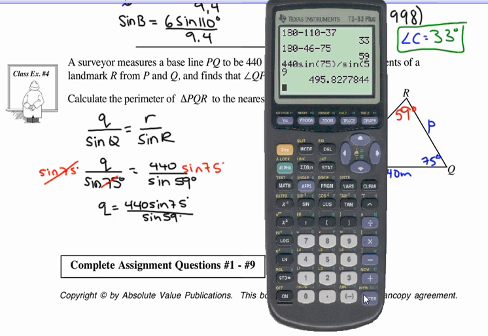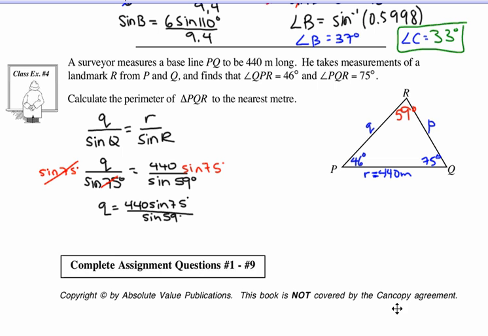And there is q: 495.83 meters. Okay, so now we've solved. Now we know that little q is 495.83 meters.